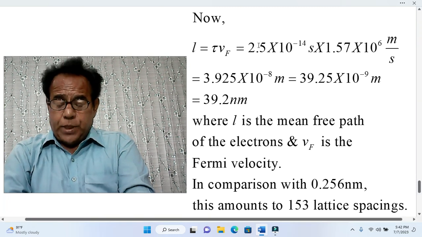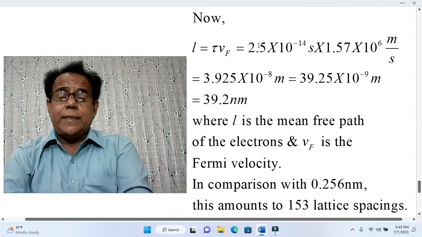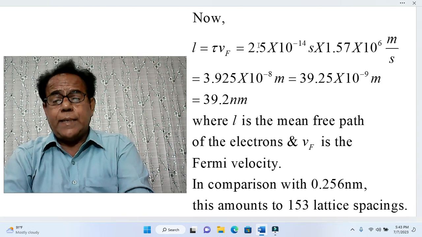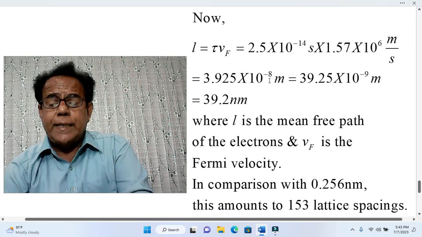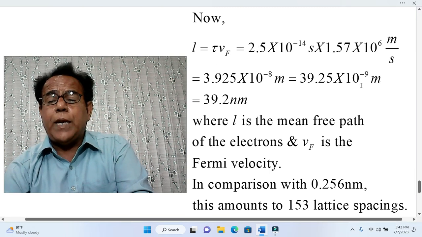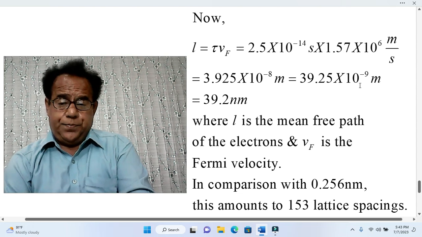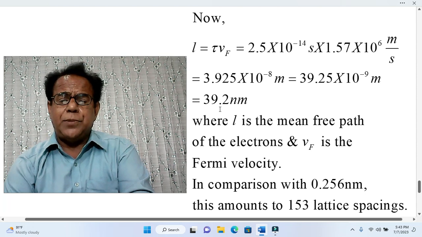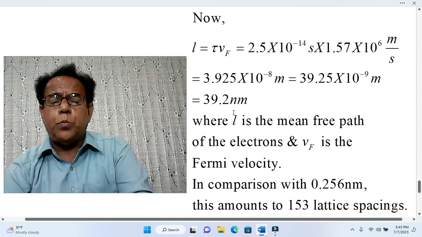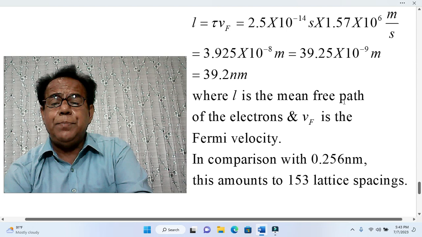What is important for us is 10 to power minus 3 or 10 to power minus 6 or 10 to power minus 9. So we convert it into 10 to power minus 9 so that it will be termed as nano. So our L becomes equal to 39.2 nanometer, where L is the mean free path.